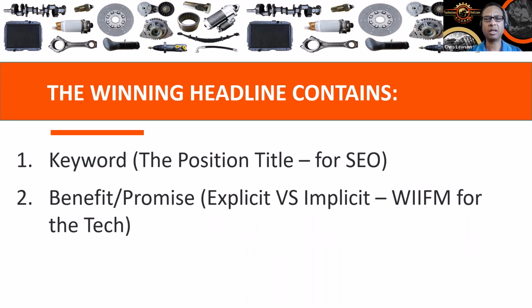It's implied that if they come to work for your shop and it's family-owned, it will be a more laid-back, more personable environment. They won't be treated like a number. You'll have their back. They'll be part of the family. So that's the difference between an implied benefit and an explicit benefit. And you should have one of those in the headline.